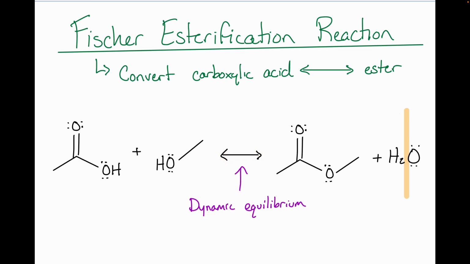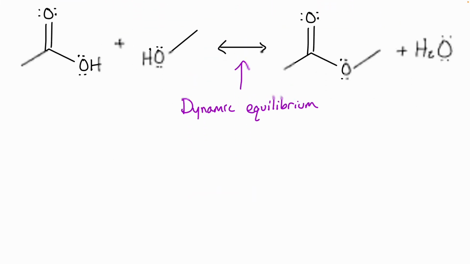So just by adjusting the concentrations of our reactants, we can shift it in one direction or the other, all right? So dynamic equilibrium. We're just going to make note what that means.